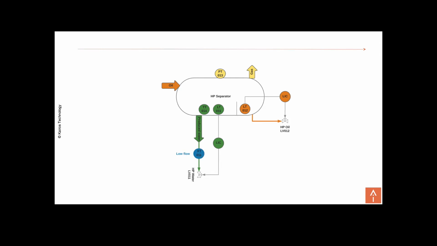So the first case I will be demonstrating is a low flow of water from the separator to downstream. Now, this low flow could potentially be caused by either a closed valve, a low feed to the separator, or a low pressure, which is the driving force for the flow to leave the separator.